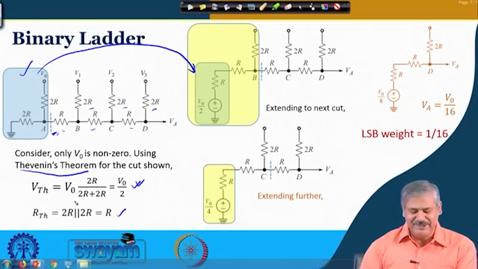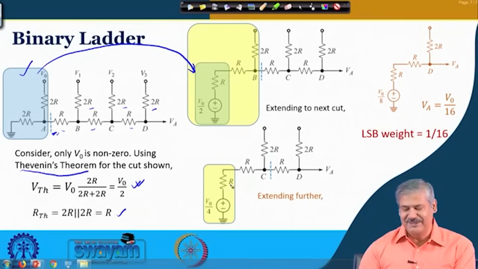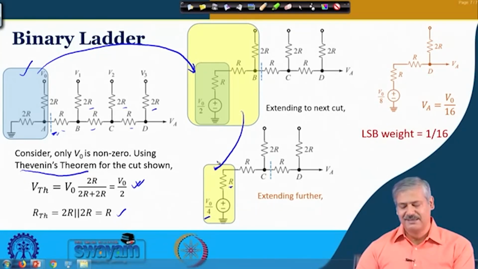So, again a parallel voltage is this Thevenin voltage, Thevenin resistance is R, and now this is V naught by 2 into 2R by 2R plus 2R. So, it will become V naught by 4. Is it fine?